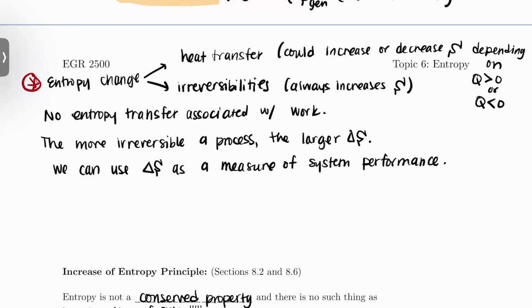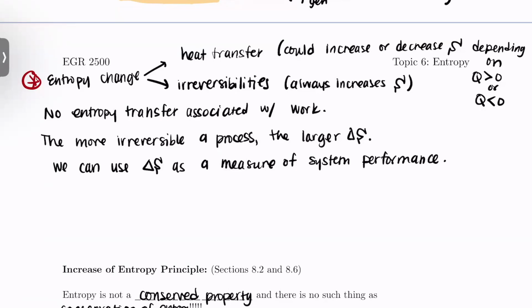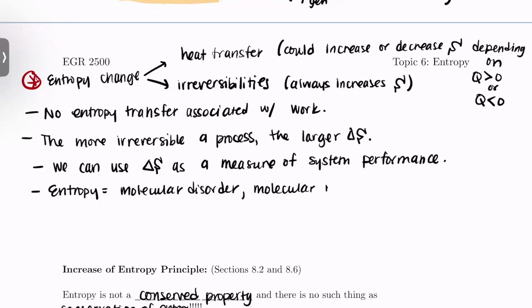And then last but not least, since entropy can be thought of as a measure of molecular disorder, which we said in the beginning of this unit, or also molecular randomness, we can also draw on a scale of increasing entropy, different states of matter.